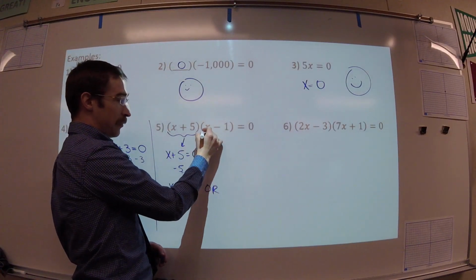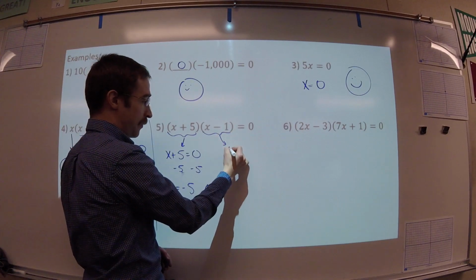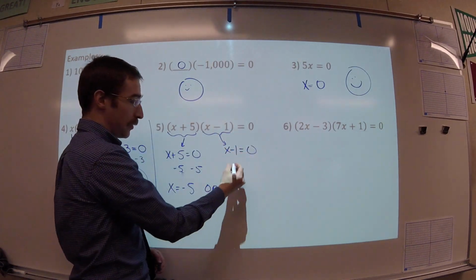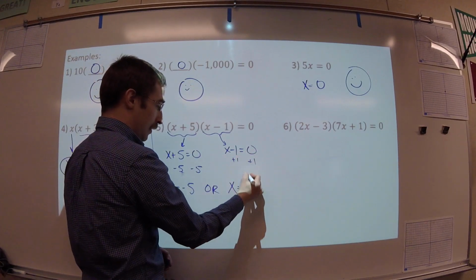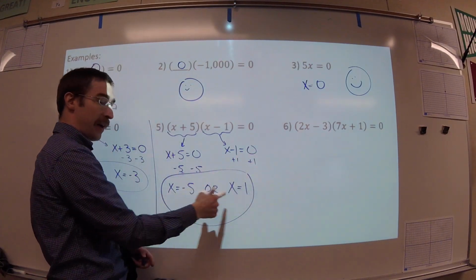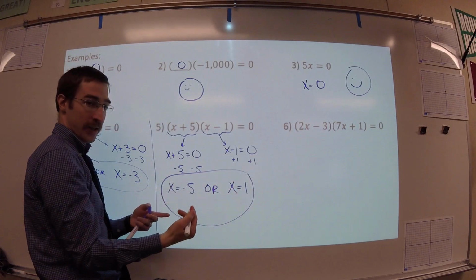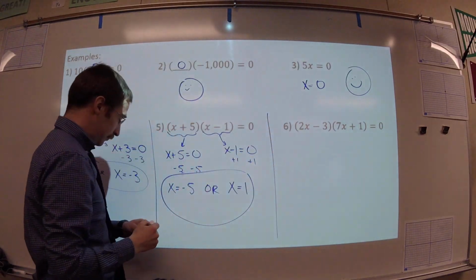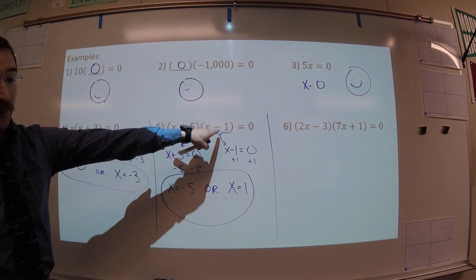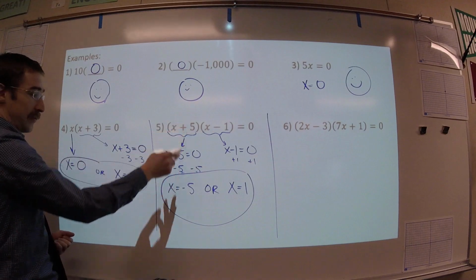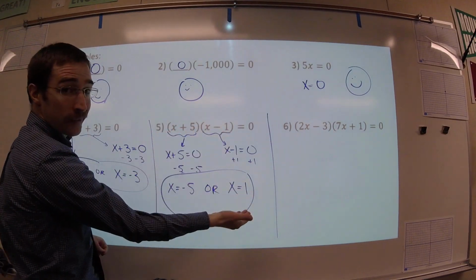Or we got this other thing being multiplied. X minus 1 equals 0. We just add 1 to each side to solve that little equation. So here, x is either negative 5 or it's positive 1. Those are our two answers there. You'll notice in these examples, the answer was just the opposite of whatever was happening to x, right? X plus 5, it's negative 5. X minus 1, it's positive 1.